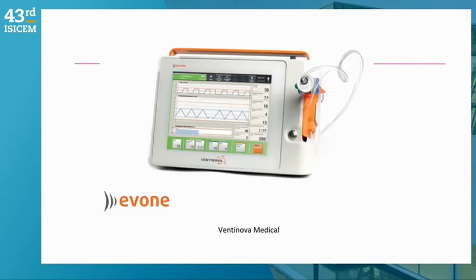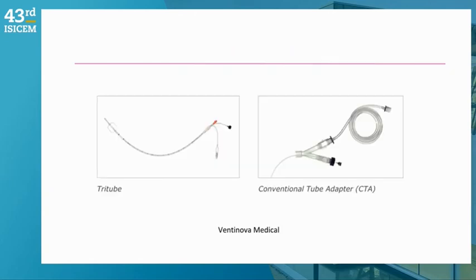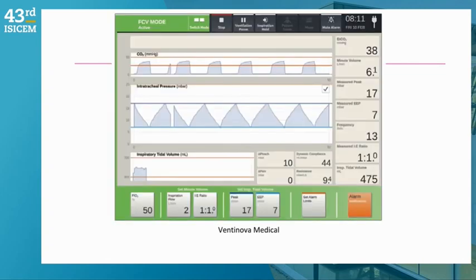There is only one product that provides this. It's produced in the Netherlands, as far as I remember. There are different solutions for how to deliver this kind of ventilation to the human. There is a tri-tube, a very small tube designed for upper airway surgery or single lung ventilation, or there is an adapter that can be used with a normal endotracheal tube.